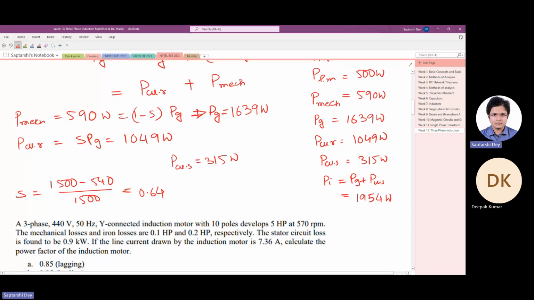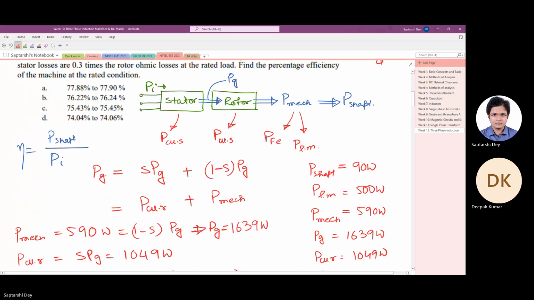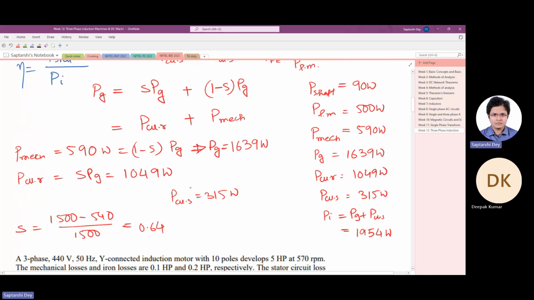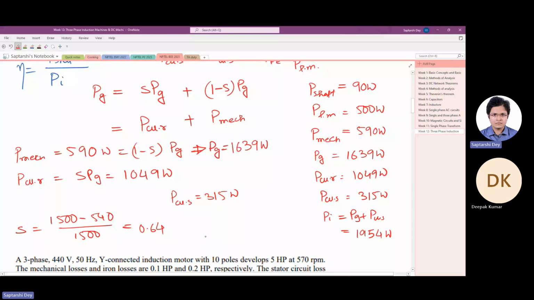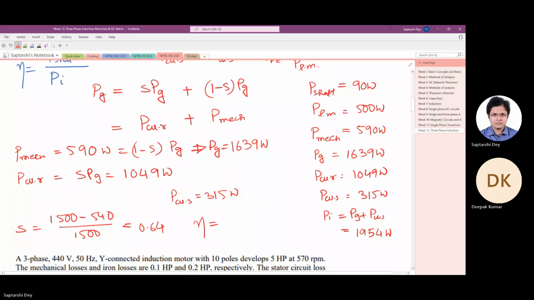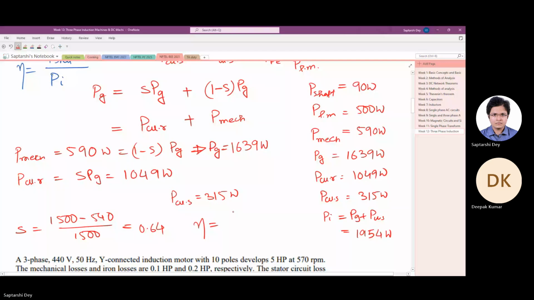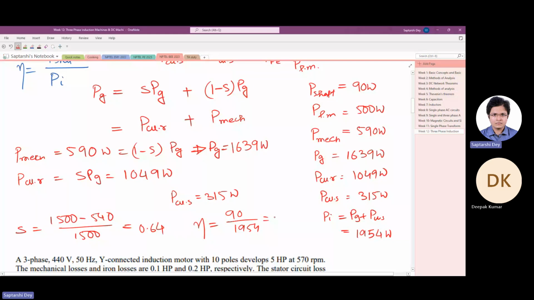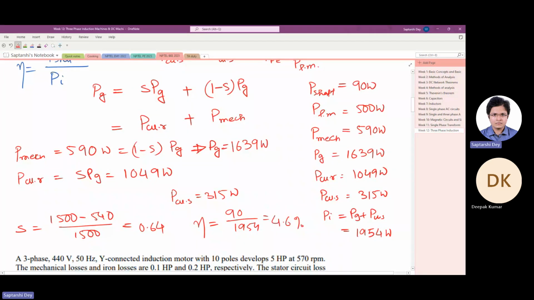So we now have input power and output power. So the efficiency would become 90 by 1954, which is 4.6%. Now, if you look at the options, this is not at all in this range.